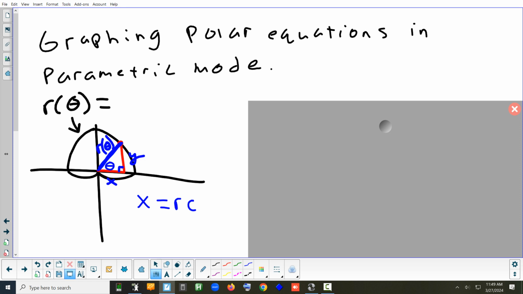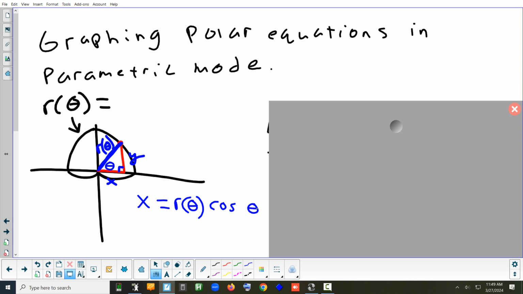So it's some function of theta. And then what came after that to get the x part? No, not r. You can't use r because we don't know r. We have to use a formula to find r. So we have r of theta times what? Cosine theta.